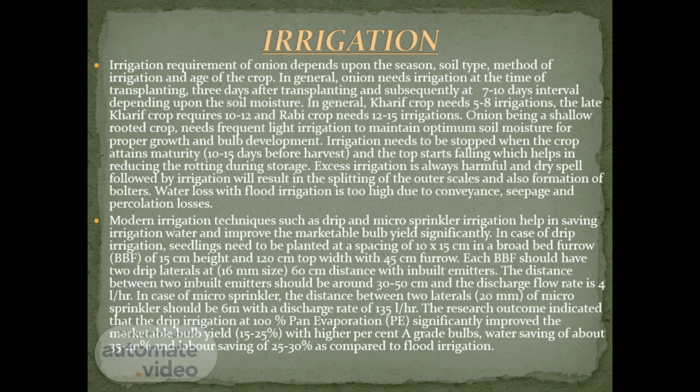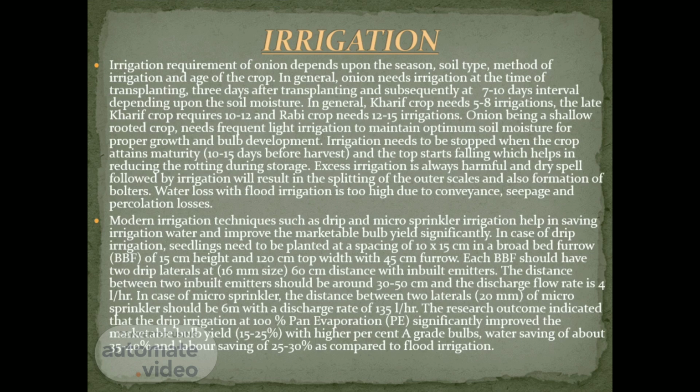The distance between 2 inbuilt emitters should be around 30 to 50 centimeter and the discharge flow rate is 4 liter per hour. In case of micro sprinkler, the distance between 2 laterals of micro sprinklers should be 6 meter with a discharge rate of 135 liter per hour.